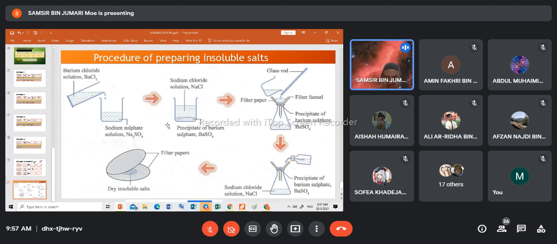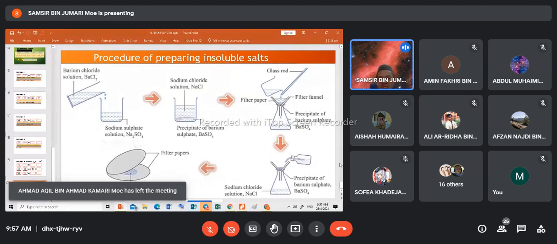Just stir it thoroughly, and then we'll get the precipitate of barium sulfate here. Just filter the solution to get barium sulfate precipitate, the barium sulfate salt. And then we dry between the two filter papers, by pressing the two filter papers. Itu sahaja kan? Senang saja yang ini.